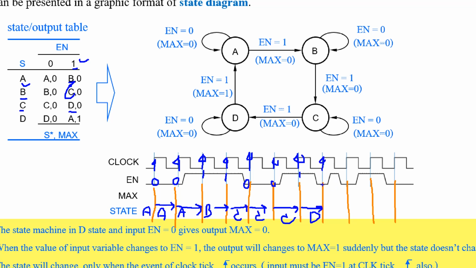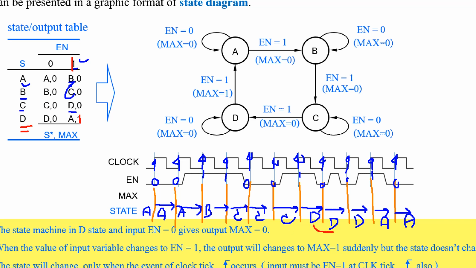And when clock tick is 0, then it is still D. And clock tick is 0 right here, so it is still state D. And clock tick here is 1, right? So it changes to state A. And clock tick here is 0, so it's state A. And after that, you just determine the output. For this example, it's very easy, right? Because output max is 1 only at state D and when input in is 1.